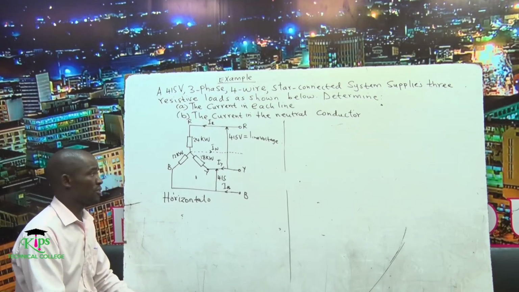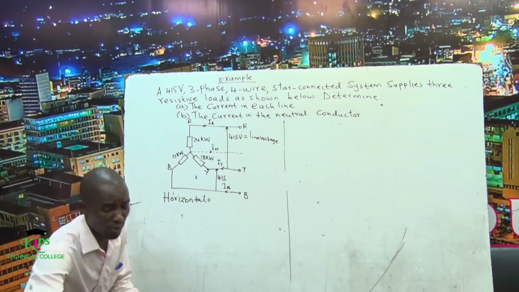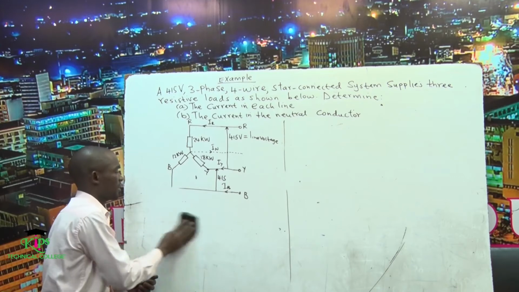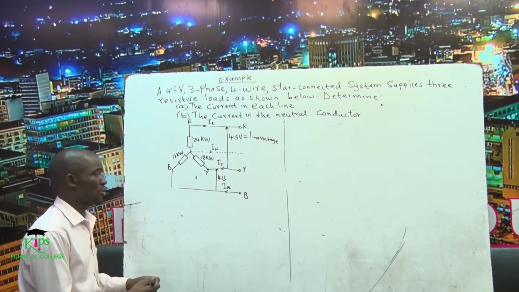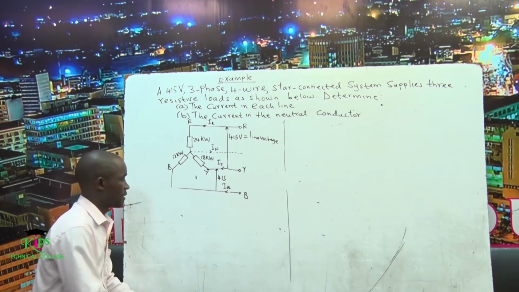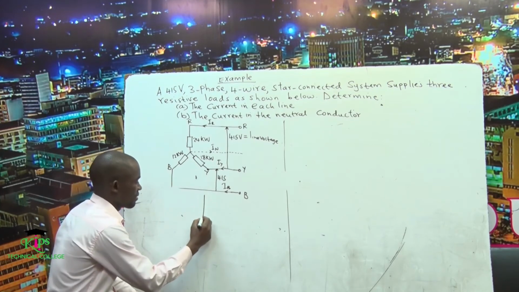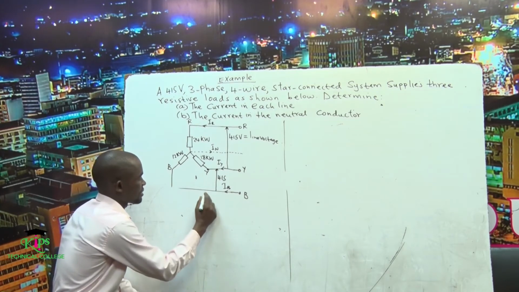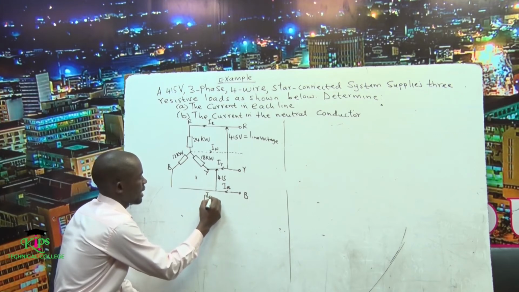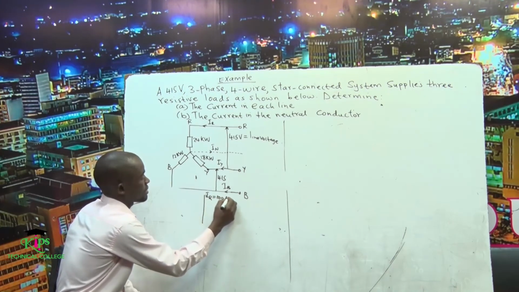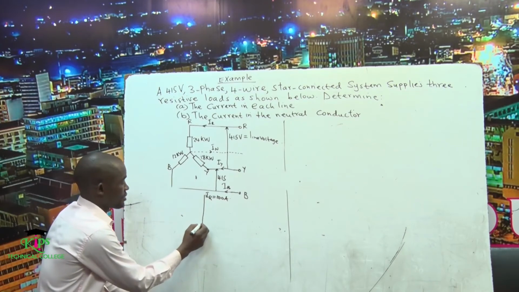And before we go to the horizontal component, another very important point I would want us to know is we need to draw these currents. If you draw the way we have done them, this was our red phase. Let me say these are my IR, which is 100 amperes.